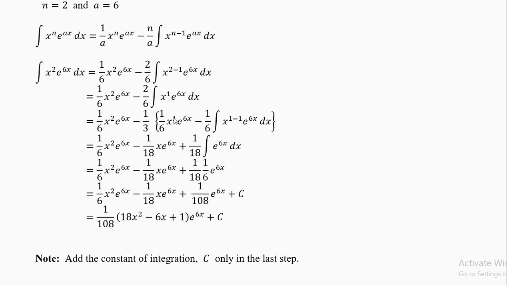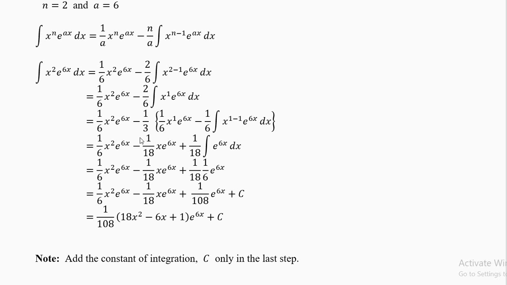Now n equal to 1, minus n by a. n is 1, a is 6, minus 1 by 6, x power n minus 1, 1 minus 1, e power 6x. 1 minus 1 is 0. Anything to the power 0 is 1 except x equal to 0. But that you don't have to worry much in this situation. Now this is your algebraic term.